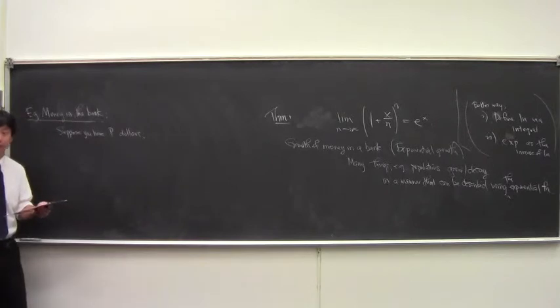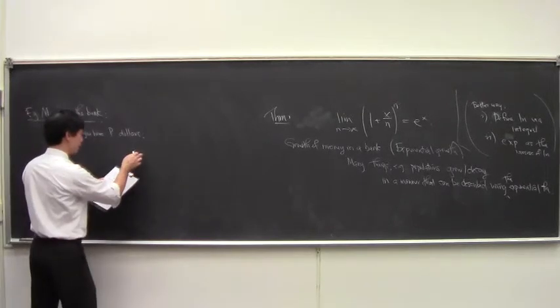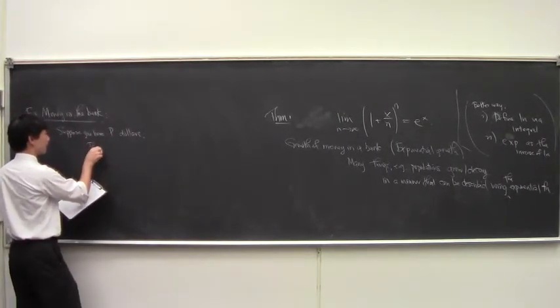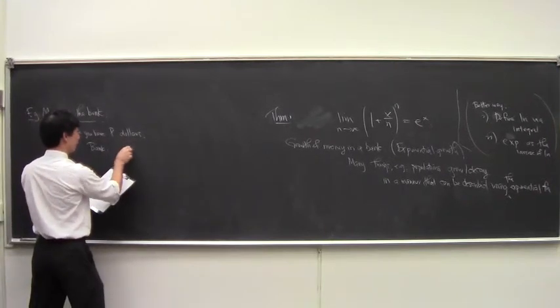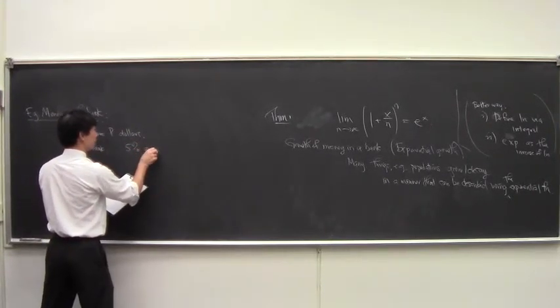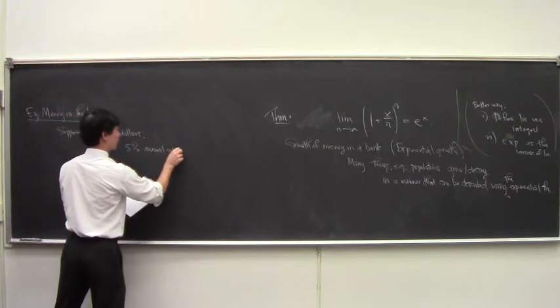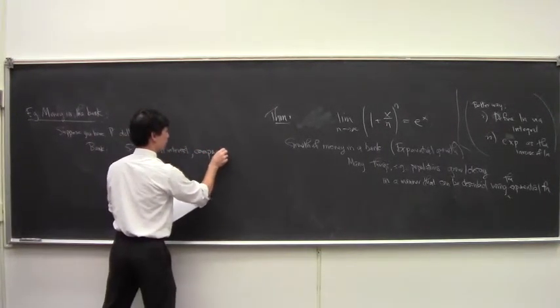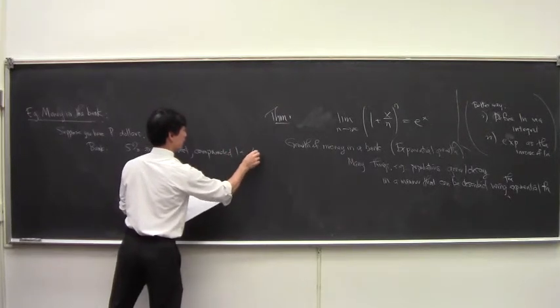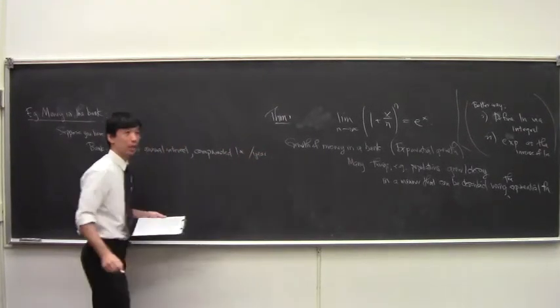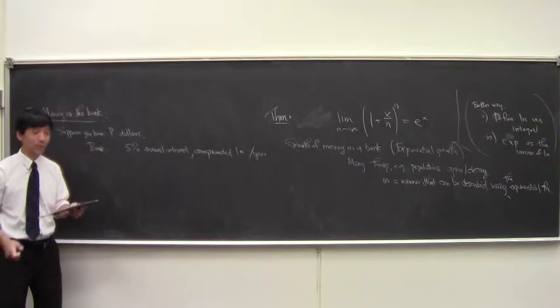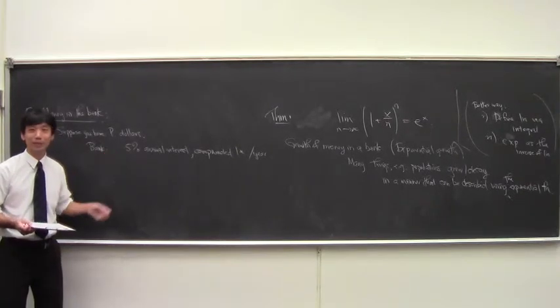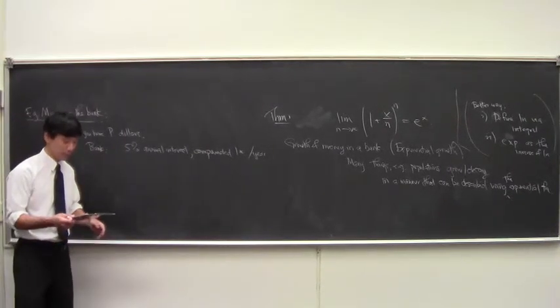This is how many dollars you have right now, and you put it in a bank, and it says 5% annual interest, compounded one time per year. This is not a real bank. There are no banks that say this. But suppose there is such a bank.